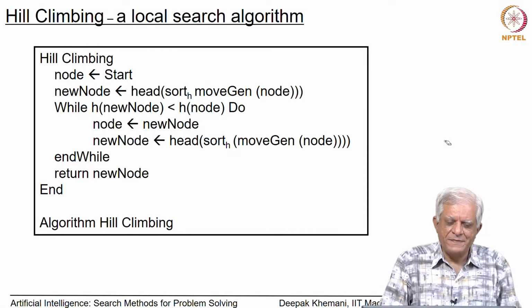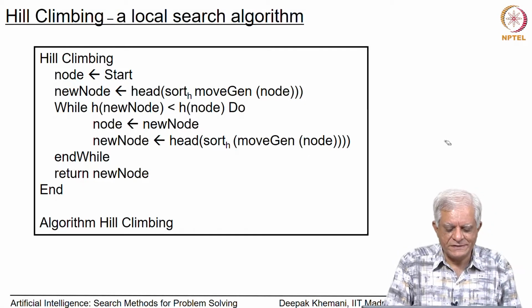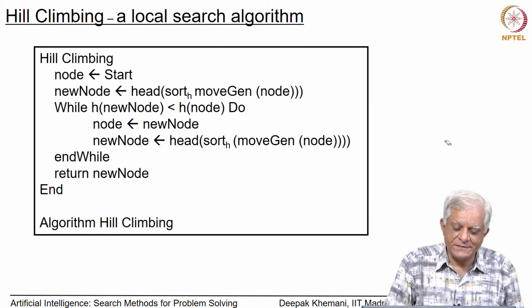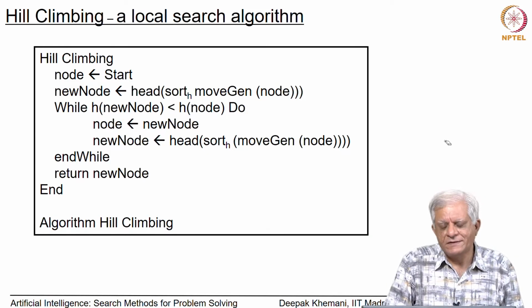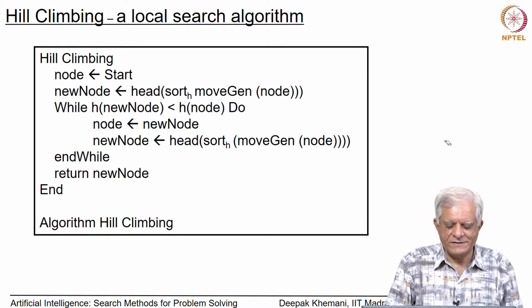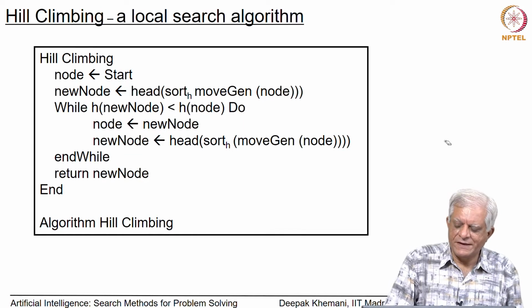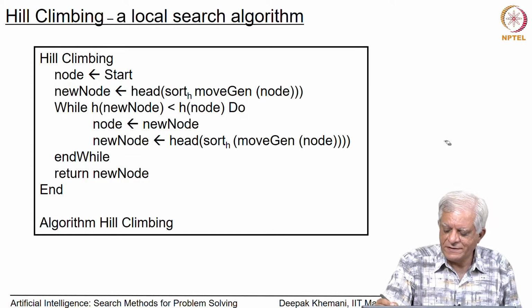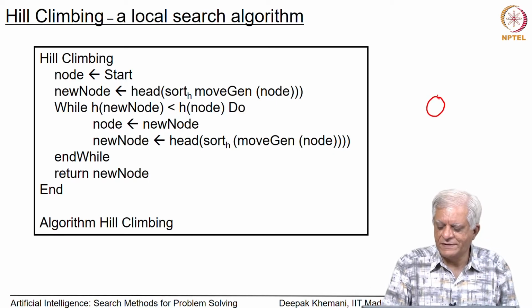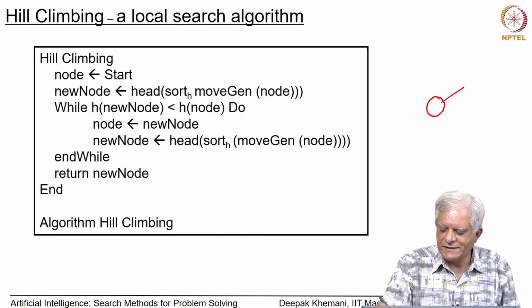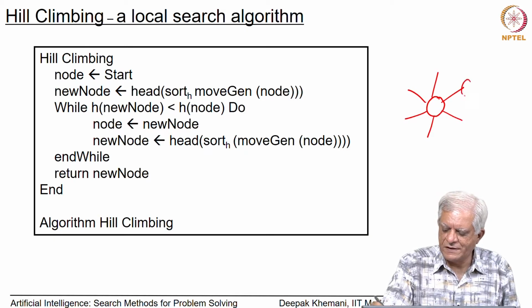So, welcome back. Last time we saw this algorithm called hill climbing, which is a constant space algorithm which explores the search space in a heuristic fashion. What this algorithm does, if you recall, is that at some node it generates the children of this node.